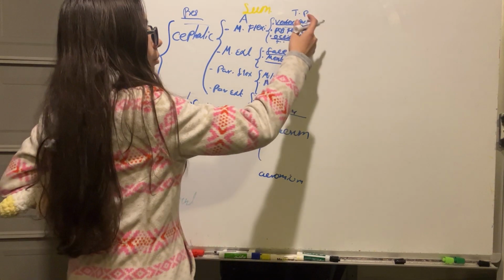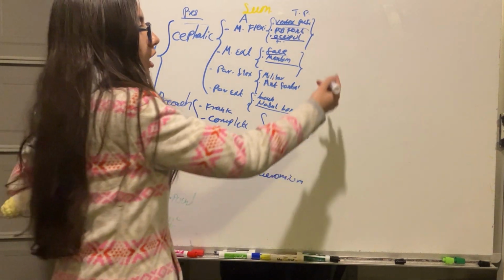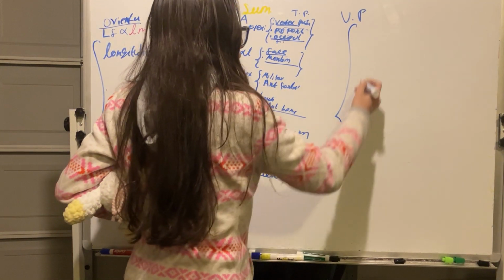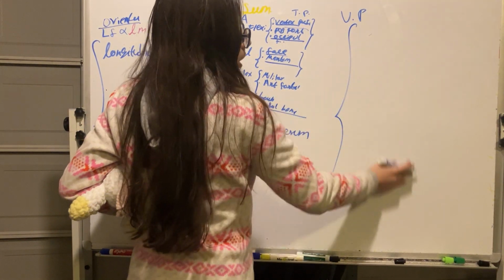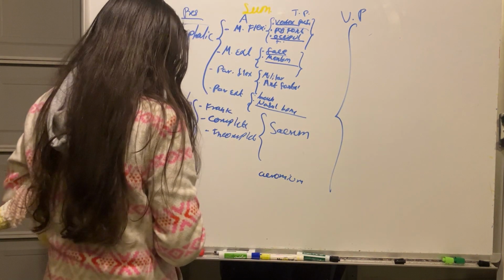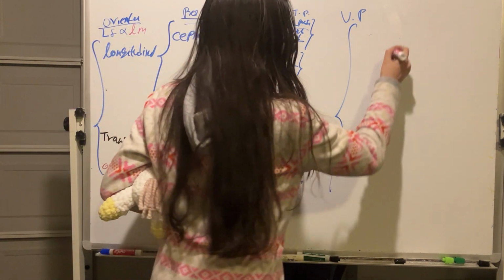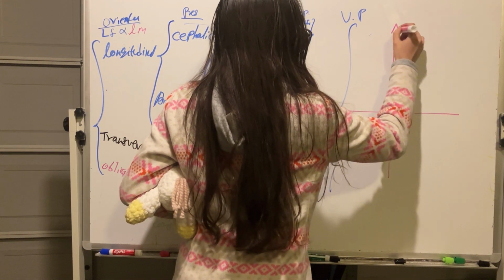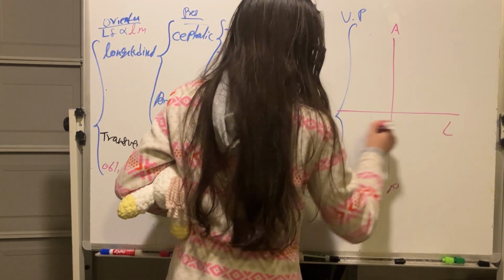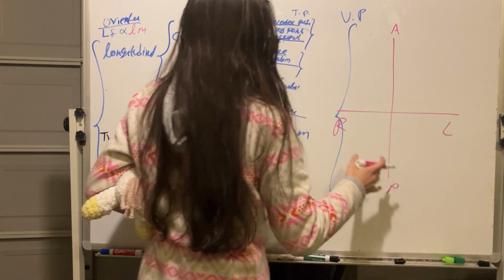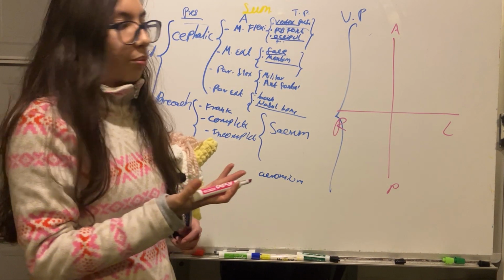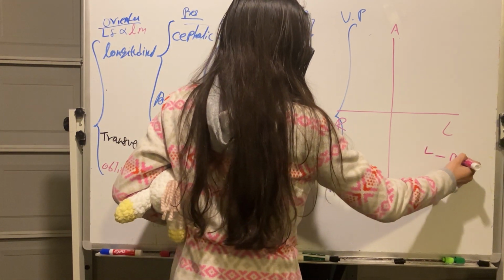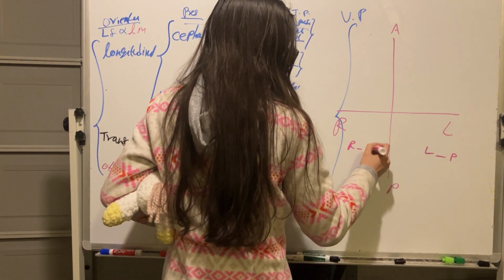And for each of these we can have a variety of position, which I will put here. Anterior, posterior, left, right, depending on the tokonomic point. But this is left, posterior, right, posterior.